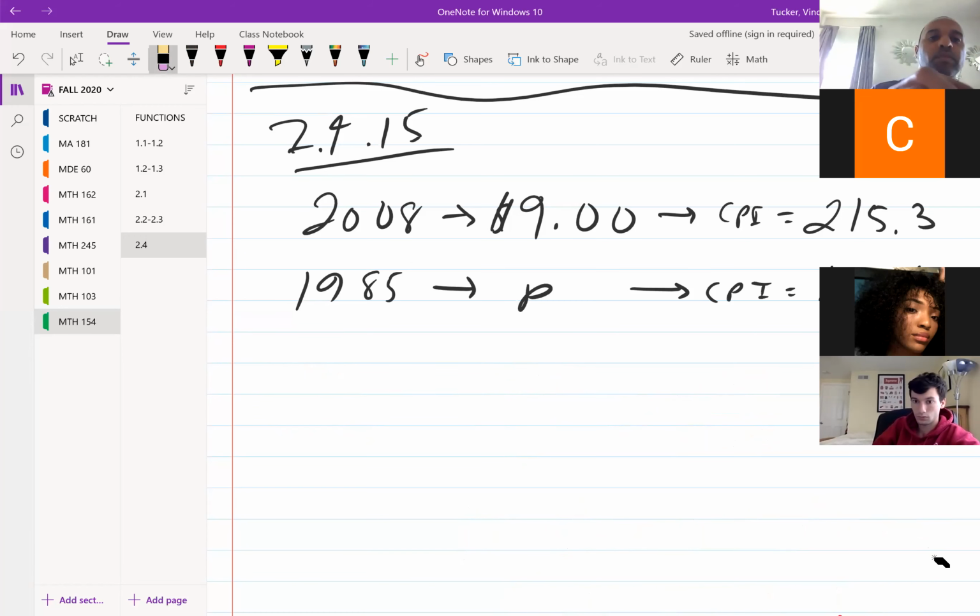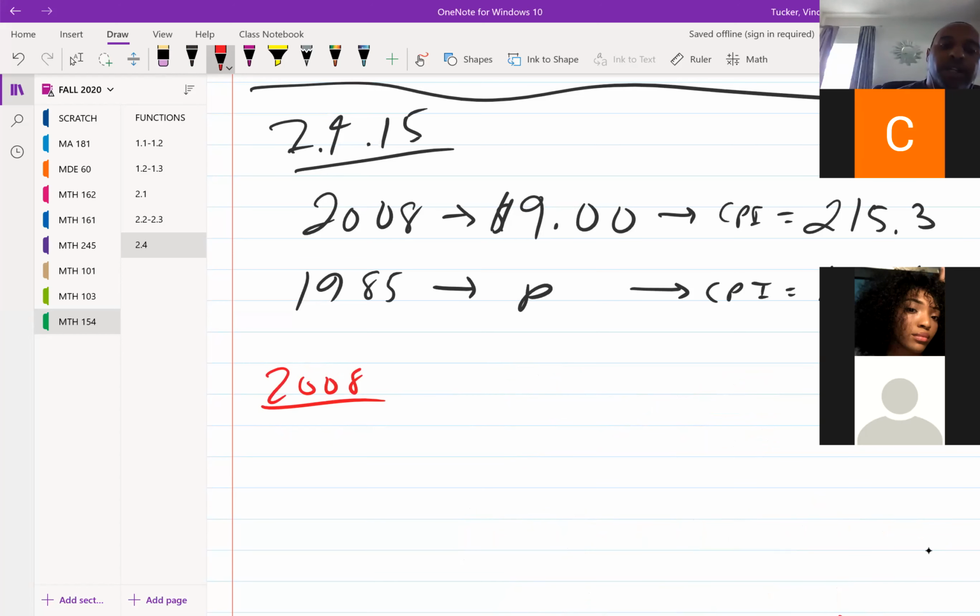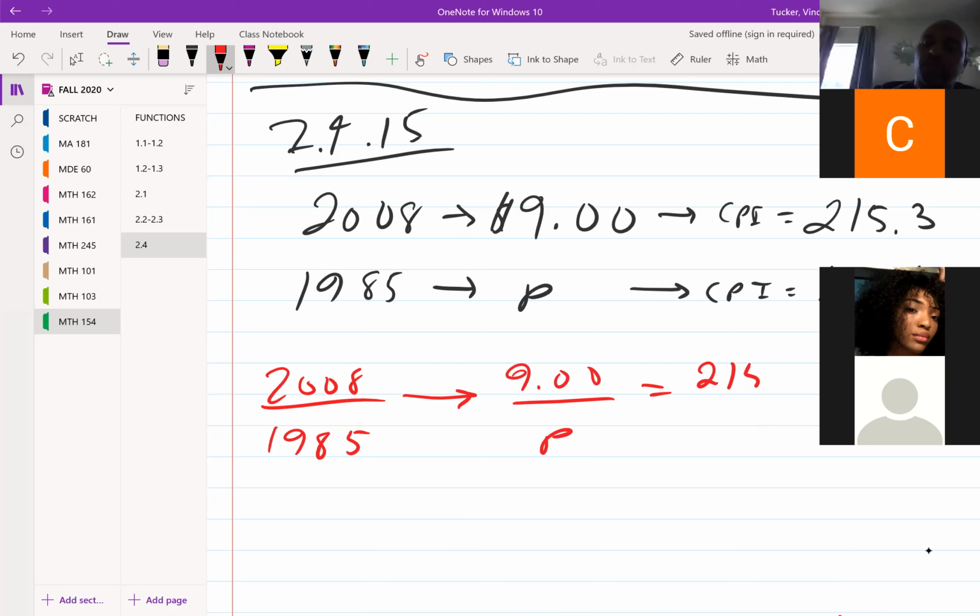Just like I said before, we have to be consistent in what we're going to do. I'm going to put my 2008 information on top, 1985 information on bottom. So it's going to be $9 on top, P on bottom equal to 215.3, 107.6. Questions on the setup?